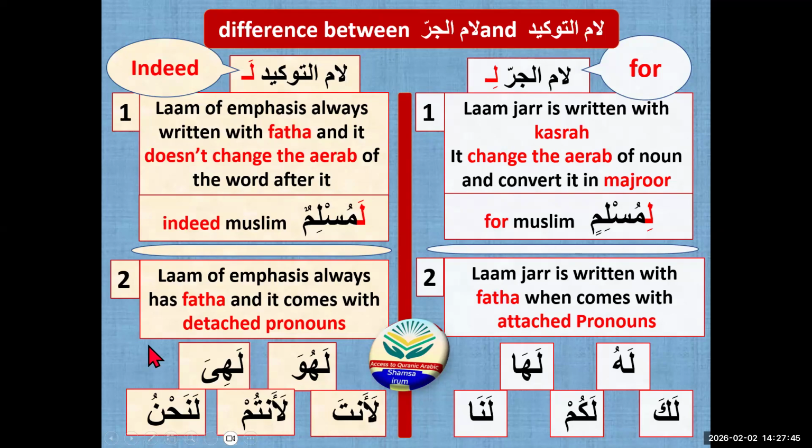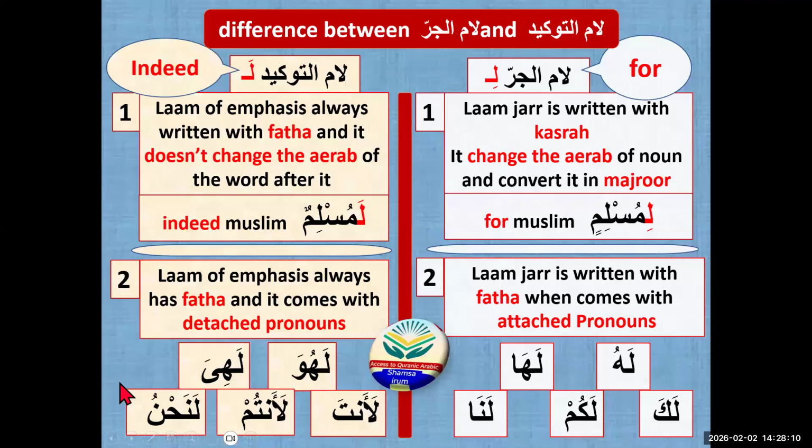That's why this na, like hu, ha, ka, kum, na, when they are attached with the lam, means they are all majroor pronouns, and that's why this lam is lam jar. Nahnu is a marfu pronoun, a separate, detached, or independent pronoun. Whenever it connects with the lam, that lam will be lam of emphasis.